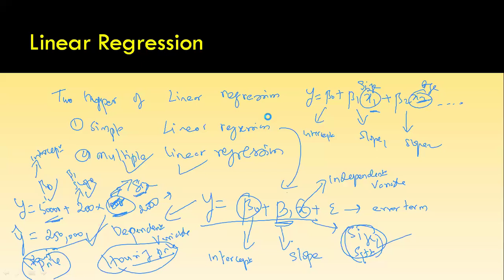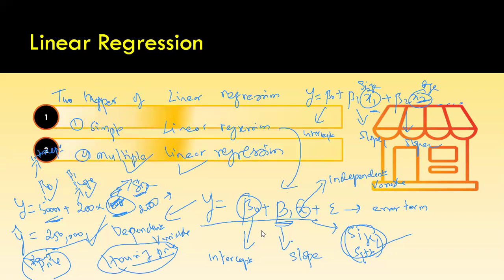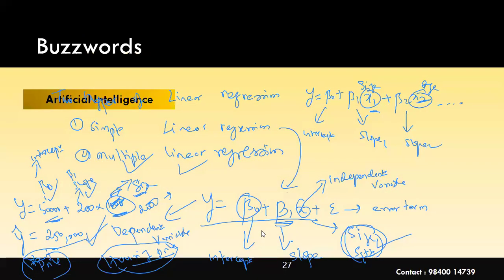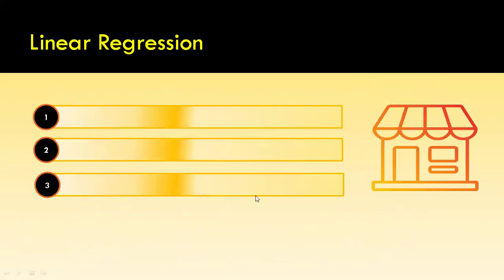We don't have to calculate it manually. But still, you should know the formula used for beta naught and beta 1, so that it will be easier for you to understand the underlying idea.